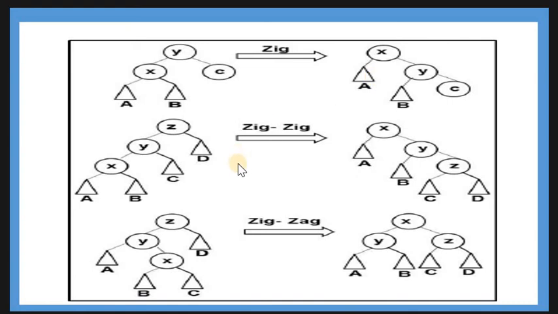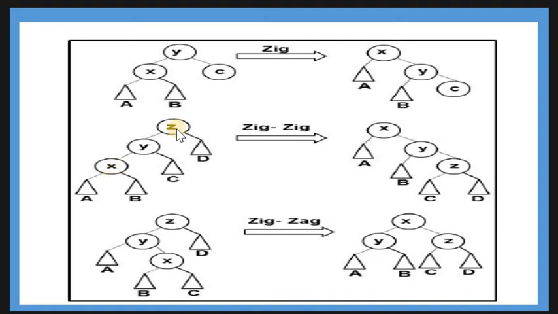Now next is double rotation. This is an example of double rotation where X's parent is on the left side, and its grandparent as well, all are on the left side. If you observe, X, Y, Z all are lying on the left side.